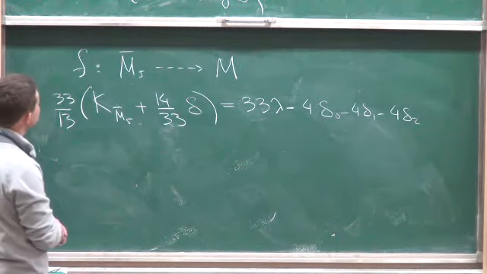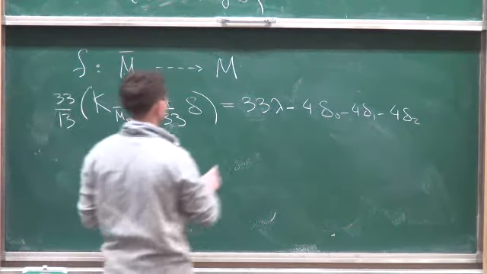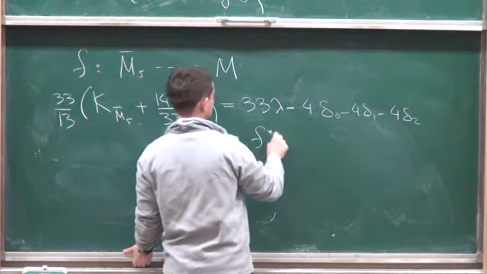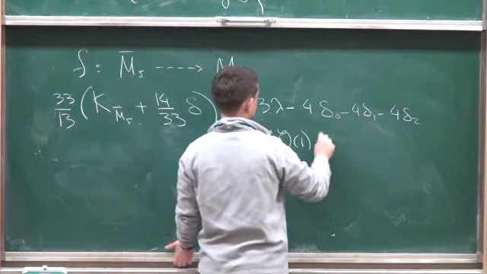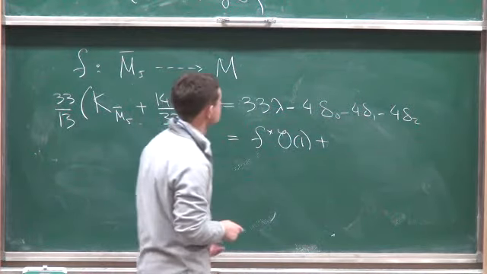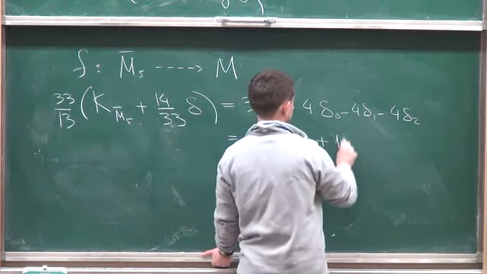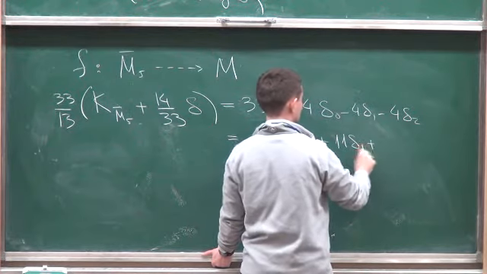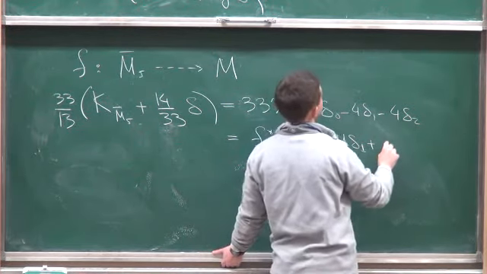And this is, from above, the pullback of O of 1 plus some positive multiples of exceptional divisors.